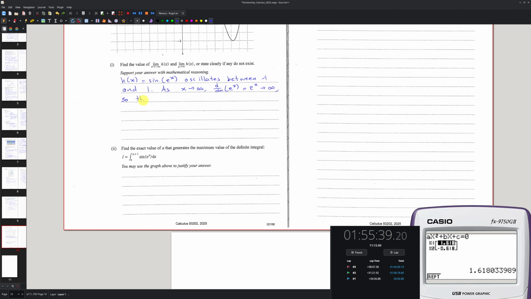So these oscillations get faster and faster. They continue as x approaches infinity. So the limit as x goes to infinity of h of x does not exist.